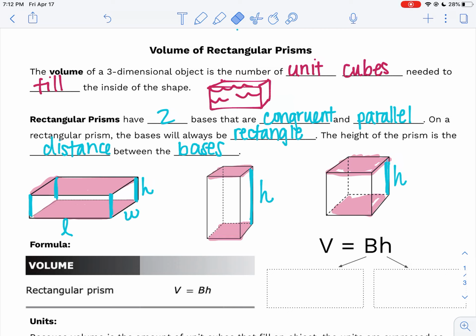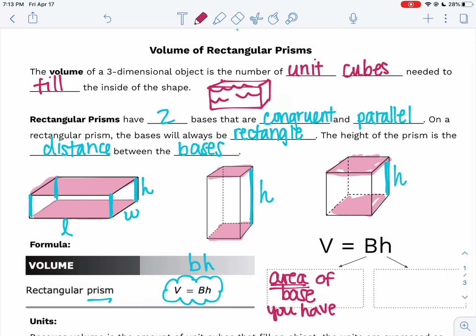So the formula that you will see from here on out for volume of a prism is V equals big B H. Now this is different than little b times H, and I'll show you why. When we talk about big B, that means that we're talking about the area of the base shape. So we're talking about area. This means you have to solve for it first. You will not find this on the picture labeled.